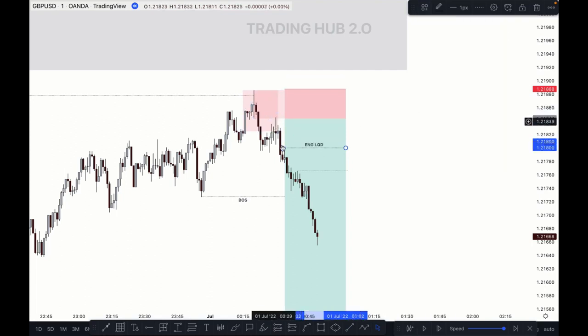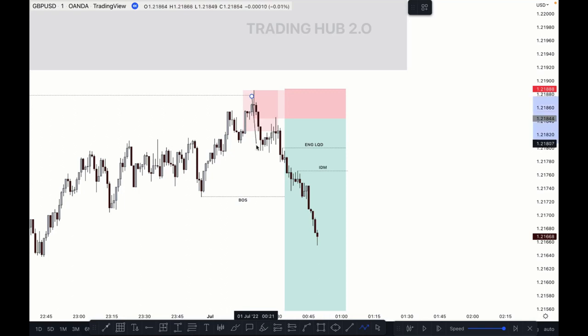I'm talking about this move, not this one, because this is our minor structure. So this high must be taken out, and this is our inducement, and this is engineering liquidity.